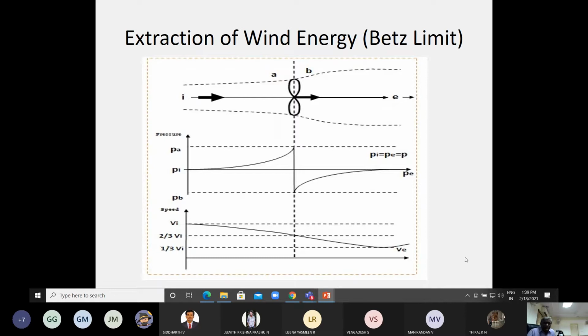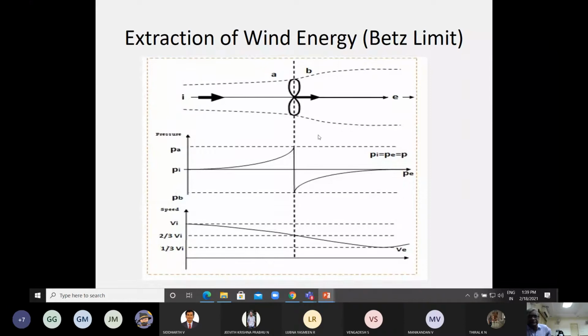Normally the wind flows through the rotor, through the turbine, and comes out. This is I, the inlet, and E, the exit.